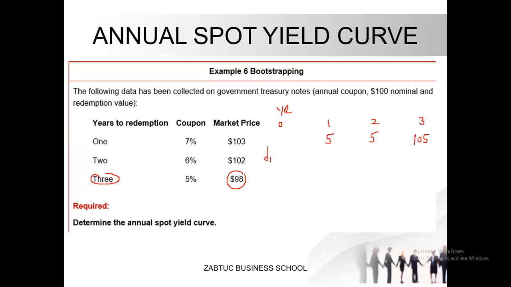What are the discount factors? You have them: 0.963, and 0.908, which we calculated. This one is the one that you want to calculate now.